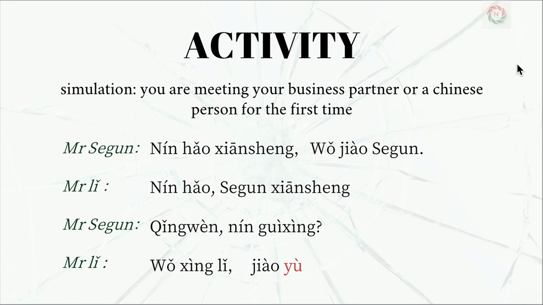Here is our next activity. It's similar to the previous one we did. A simulation and a dialogue. You are meeting your business partner or Chinese person for the first time. This is between Mr. Shegun and Mr. Li. Mr. Shegun, 你好，先生. Remember, 先生 means Mr. 你好，先生，我叫谢公. Mr. Lee replies, 你好，谢公先生，请问您贵姓? 请问, if I may ask, 您贵姓?